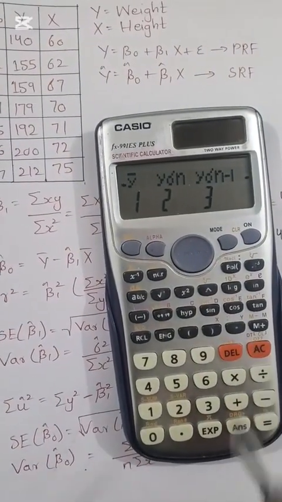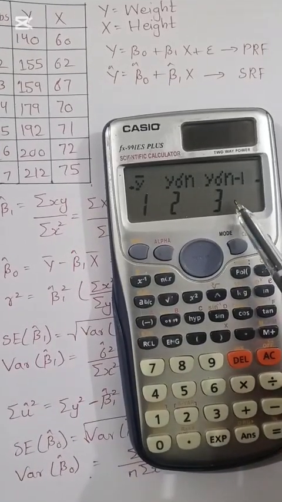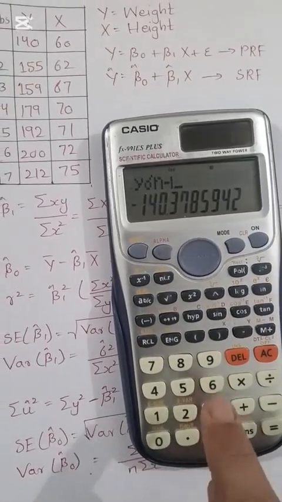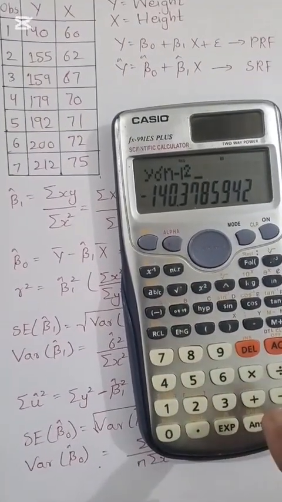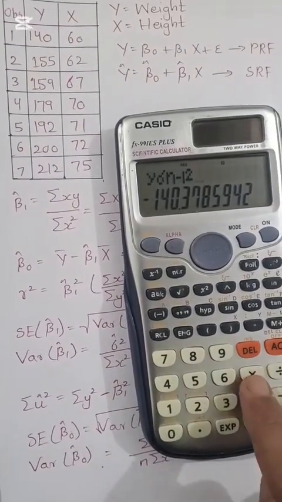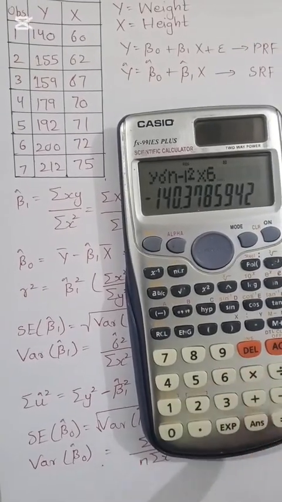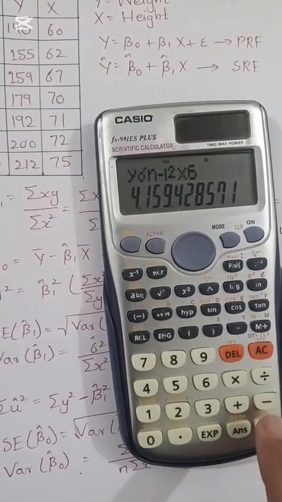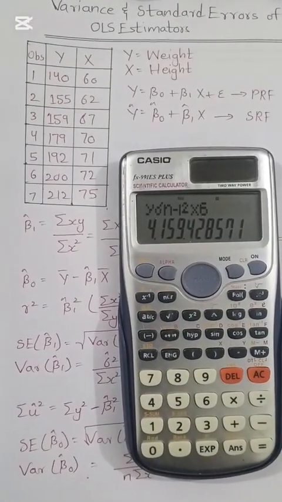Here you can see that at option 3, this is the sample standard deviation of the y variable. So press 3, square it to convert it into variance, and multiply it with the degrees of freedom, which is 6. So sum of small y square equals 4159.428.